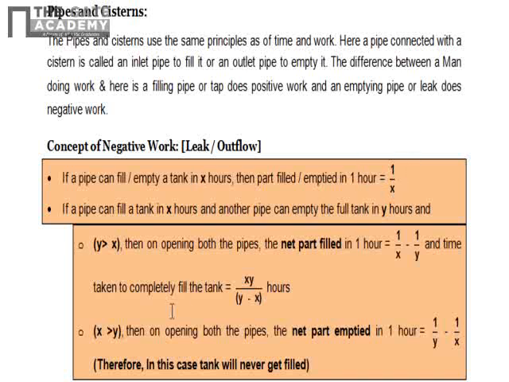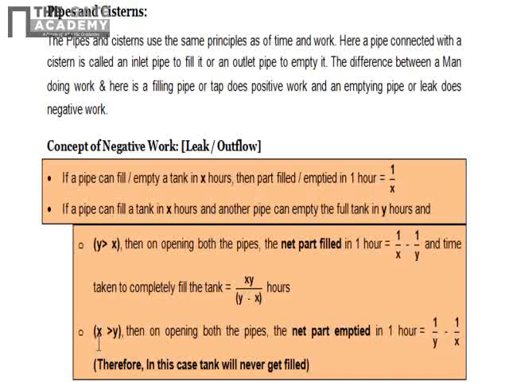Now if there are two pipes, one filling and one emptying, and the rate of filling is greater, that means its number of hours is less, then if both pipes are open simultaneously, the net part filled in 1 hour is 1 by X minus 1 by Y, and the time taken to completely fill the tank is XY upon Y minus X hours.